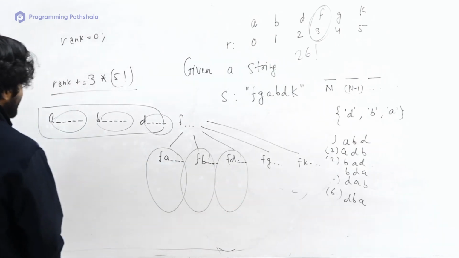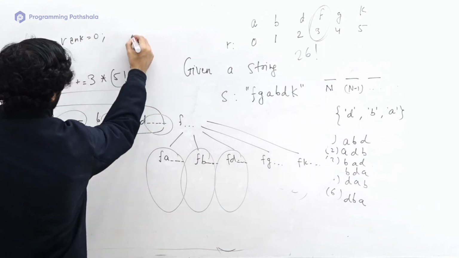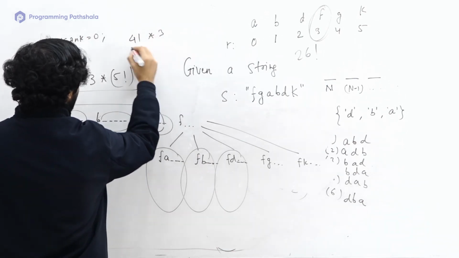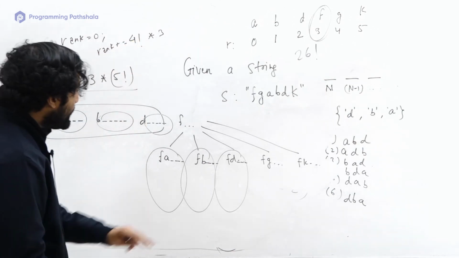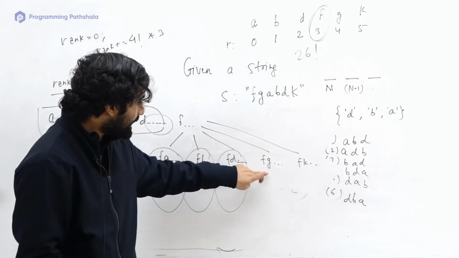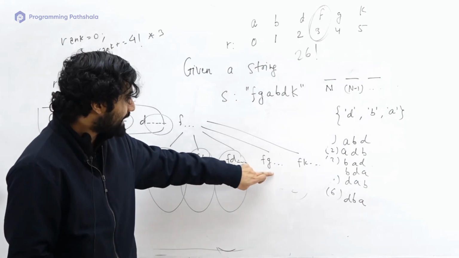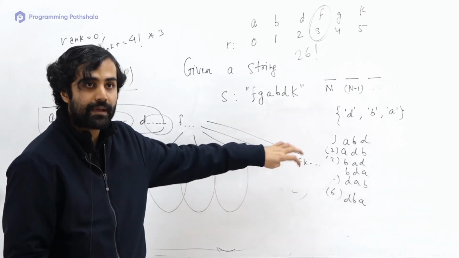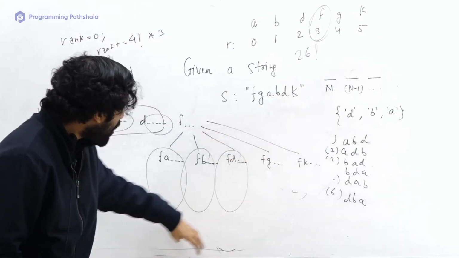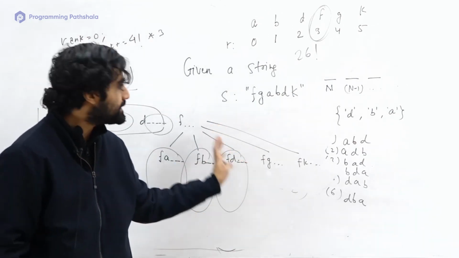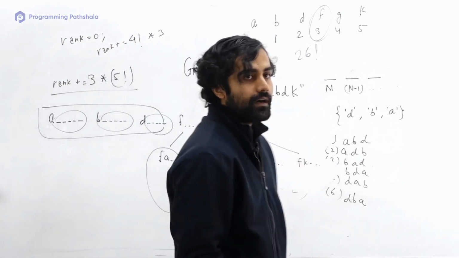So you can just multiply that 4 factorial by 3 and again add that to your rank. So what is happening? The moment you are selecting your next character and figuring out which family it belongs to, you are able to consider the contribution of a lot of smaller strings, and this is how you go on and on and on.